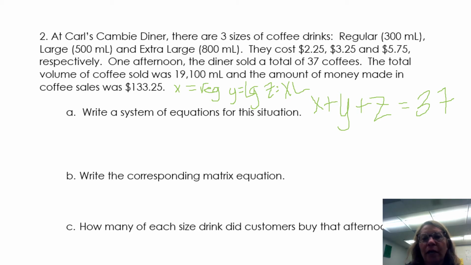Equation 2, we're going to write a money equation. So I'm going to look at our money. The regular size is $2.25, so my second equation is going to be 2.25x plus my large coffee is 3.25y plus my extra large is 5.75z.